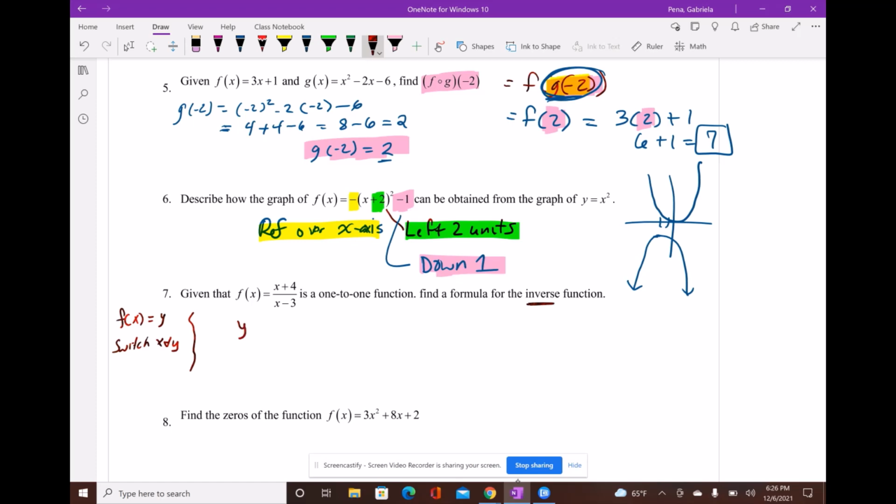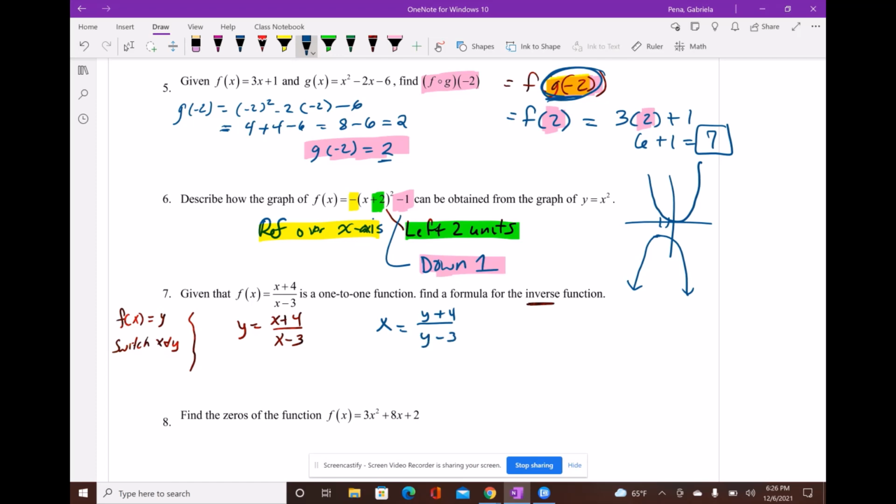So this is really y equals x plus 4 over x minus 3. But we just said we have to do what? Switch. So it becomes x equals y plus 4 over y minus 3.